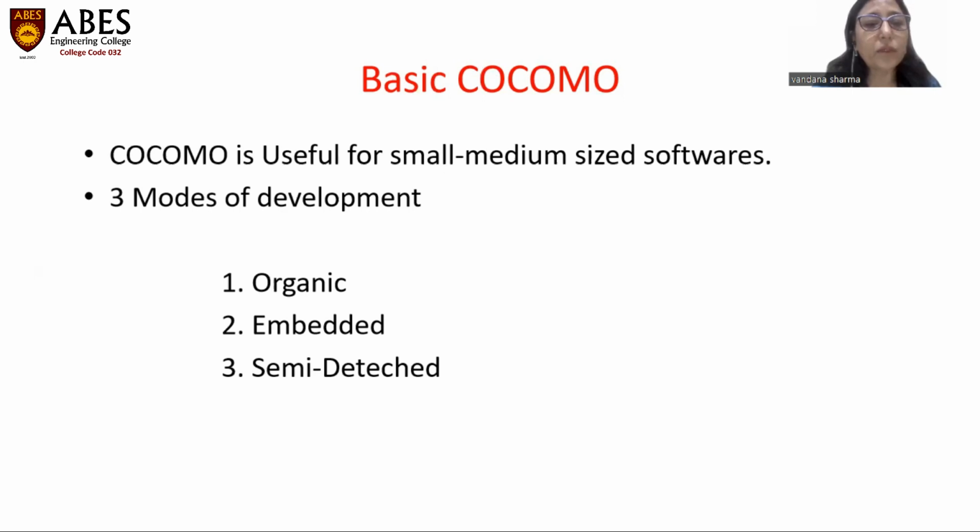In the embedded mode of development, a developer has to work in a strongly tight environment. The constraints are very tight here. If we are required to make any changes in such a project, it is very costly. The semi-detached mode of development combines the elements of organic and embedded both.